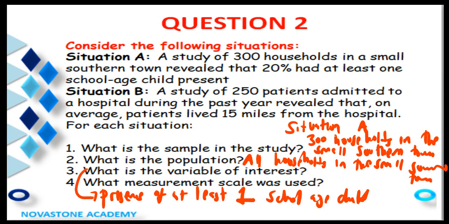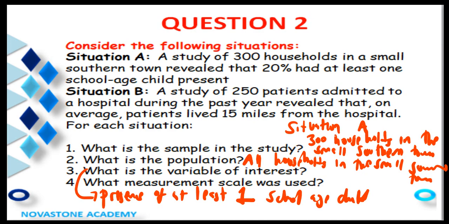Then what measurement scale was used? The question you're going to be asking is: is there a presence of at least one school age child?